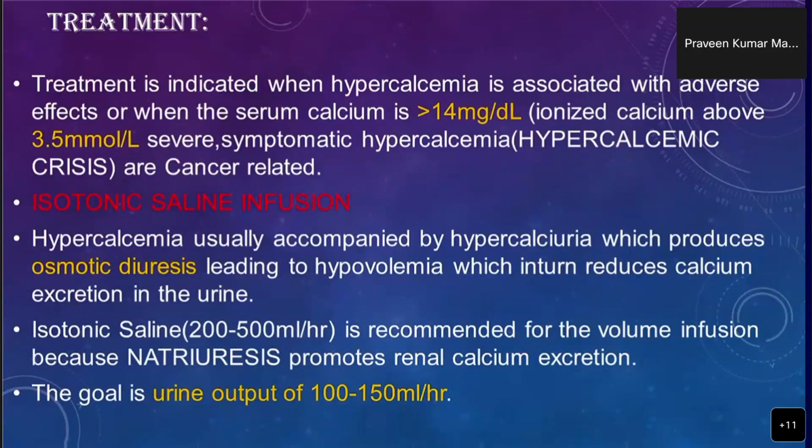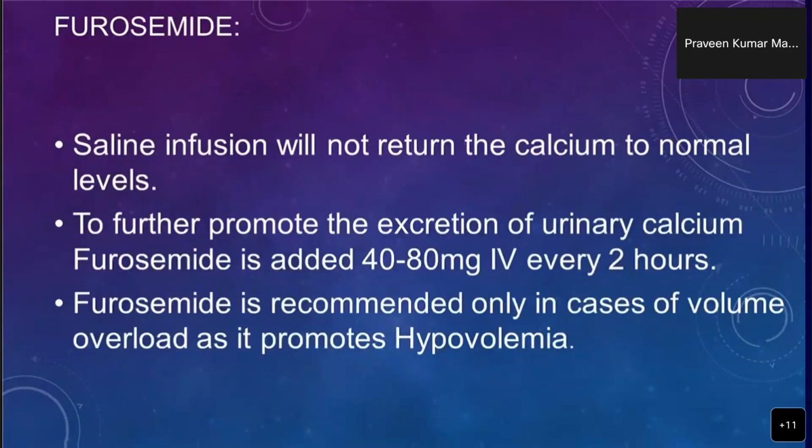The goal of urine output in hypercalcemia treatment is about 100 to 150 ml per hour. And furosemide is included with the saline infusion to further promote the excretion of urinary calcium; it is added at a dose of 40 to 80 milligrams IV every 2 hours.